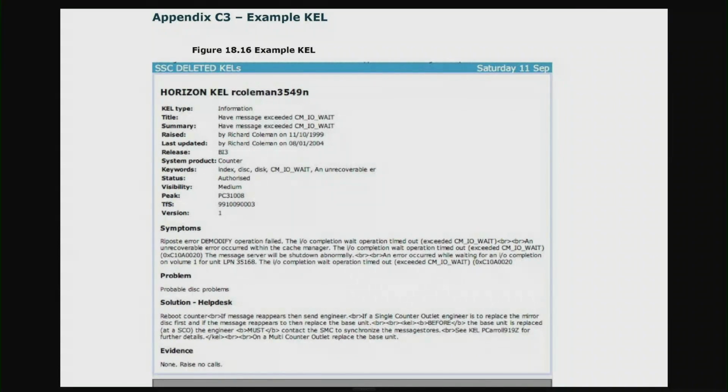Yes. You explain that this was a knowledge management tool used by both ICL Pathway Limited and Fujitsu to explain how to deal with or to work around issues that arose in relation to the Horizon system. And can you talk us through it, please, using this as an example?